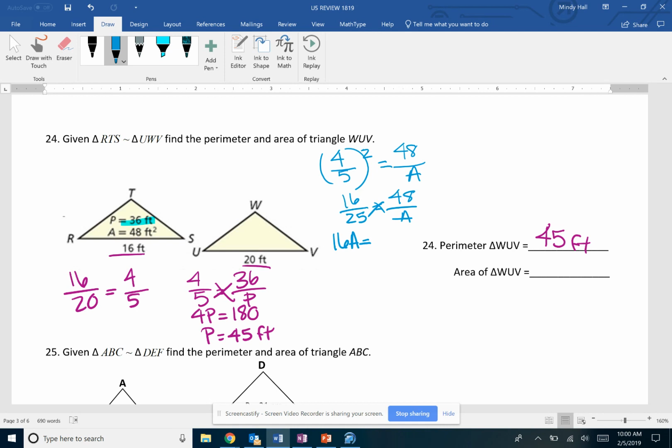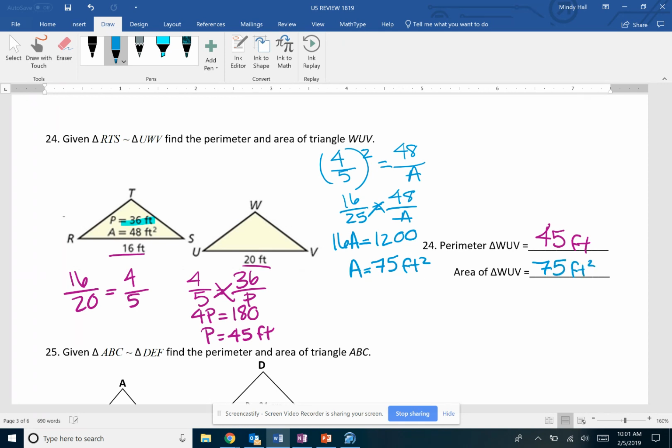I mean, they still get big, but not quite as big as they would if you didn't simplify. So we'd have 16A equals 1200, and when you divide by 16, you get that the area is 75 feet squared.